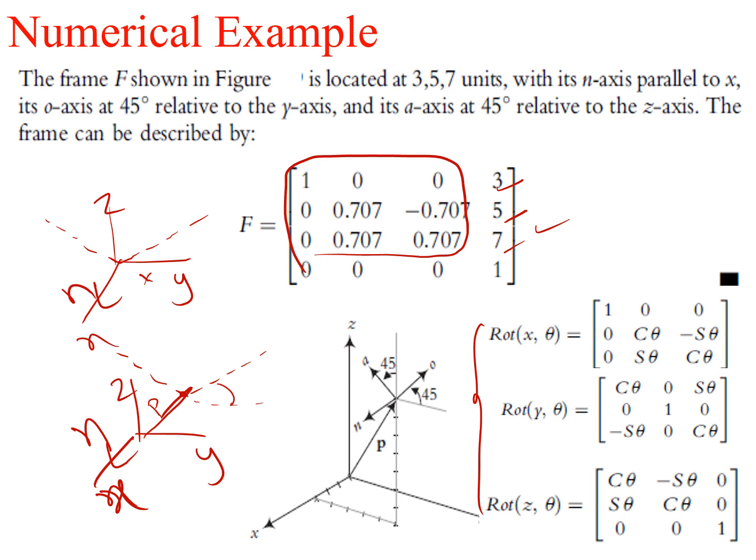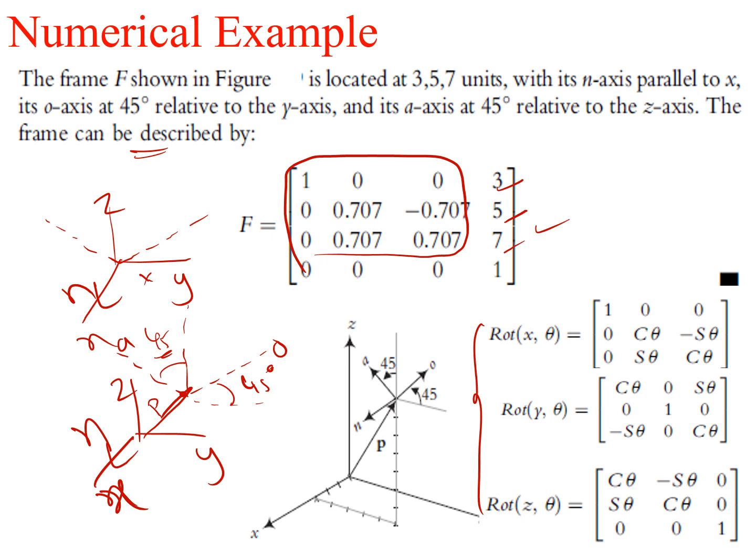This is n, this is o, this is a. The o axis is at 45 degrees from the y axis, so from the y axis the displacement is 45 degrees. Then the a axis, this is the original z, is displaced by 45 degrees. So if this is the case, how to represent the frame?